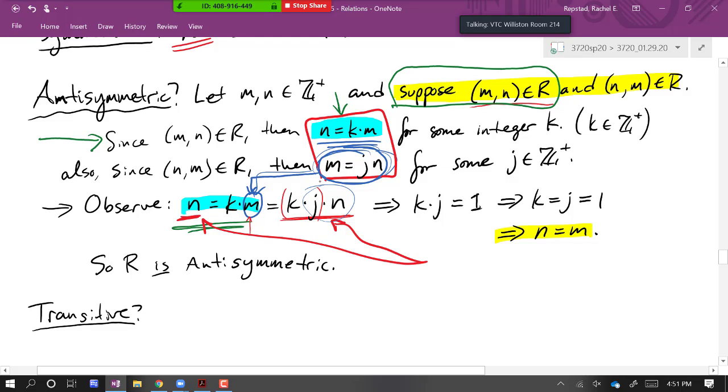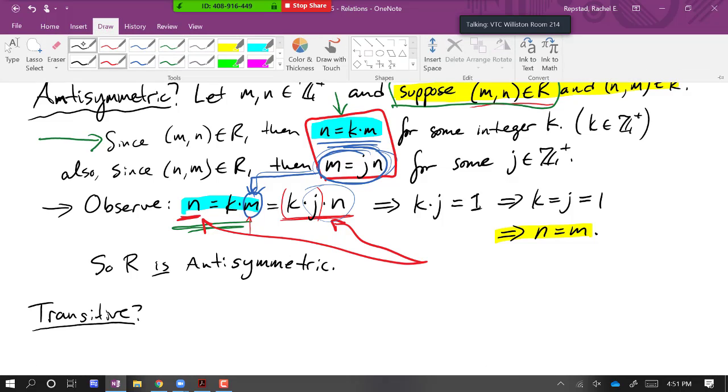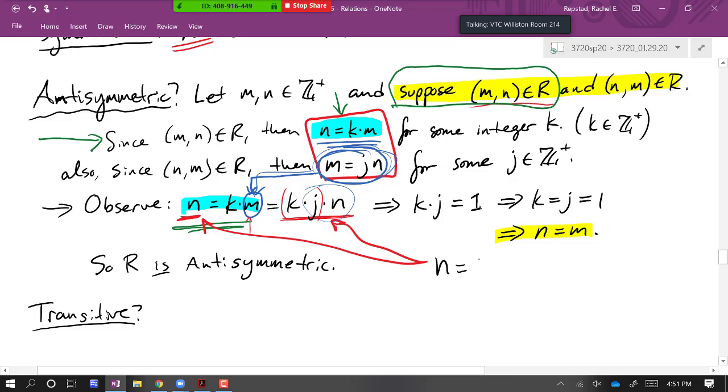So I'm going to look at just the very left and the very right sides. If I look at those, we have n equals kjn, right? I'm just ignoring the middle part. I really have the middle part just to get me to this equation, right? I'm just using that substitution to get me here.